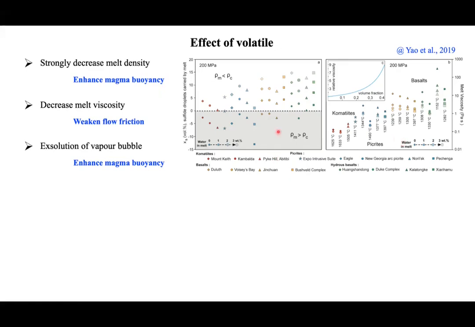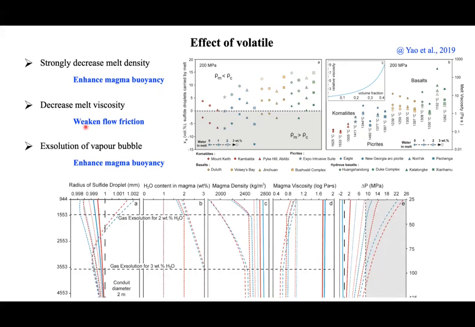Secondly, it can decrease the melt viscosity, and it also weakens the flow friction. And finally, during transport, in the shallow depth, this water or this solution will form vapor bubbles.